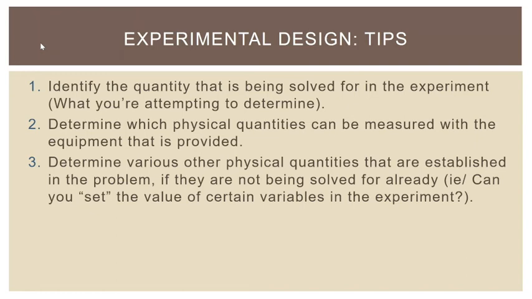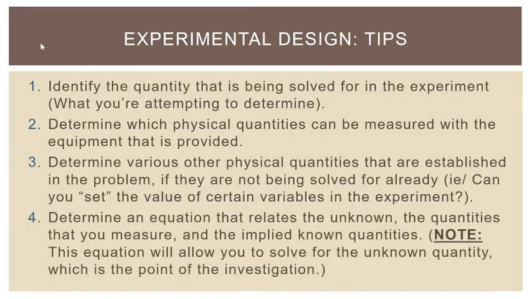Yes, you can start looking at the accelerated object after it's already started moving, but can you perform the experiment in such a way where you have the object start from rest? Because if you can, that would make your life easier, because that means every time you know what the initial velocity is. So the idea is you want to build in some assumptions about how you'll have the experiment go to make your life easy.